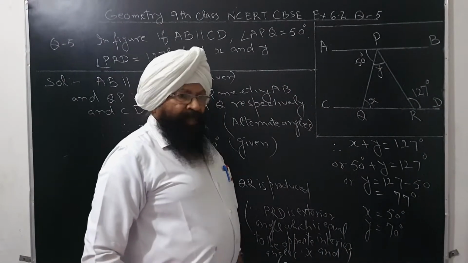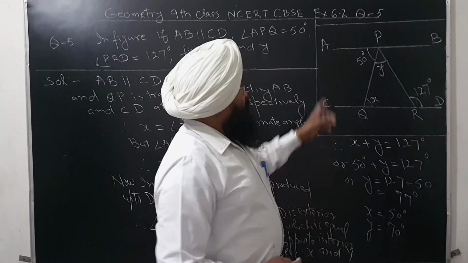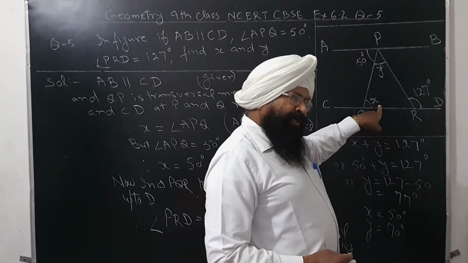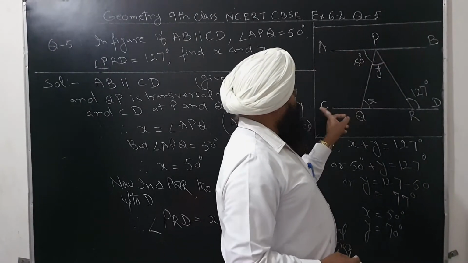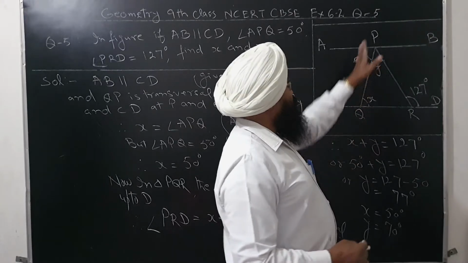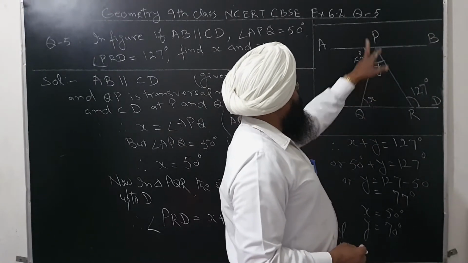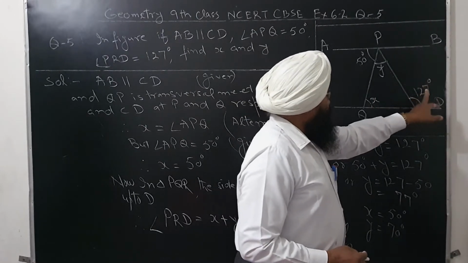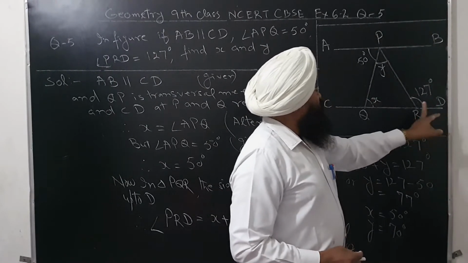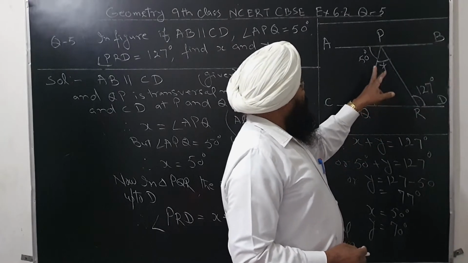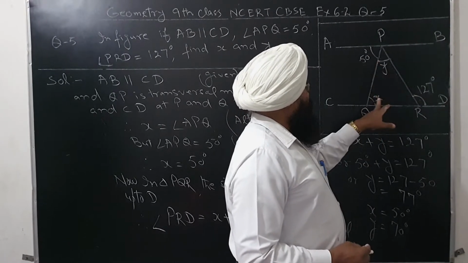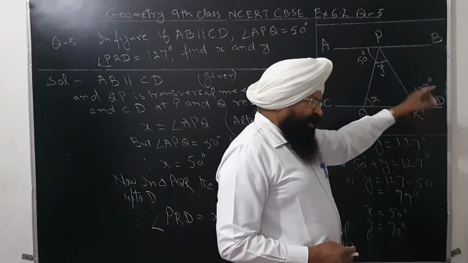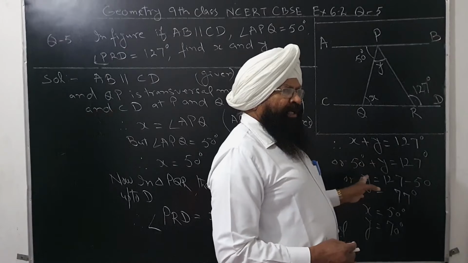Once again, I am just stating it. Because this angle and this angle are alternate angles and these are equal, because AB and CD are two parallel lines which are traversed by QP. So this angle X is 50 degree, and now this angle PRD, 127 degree, is equal to the sum of interior opposite angles, that is X plus Y. Means to say X plus Y is equal to 127 degree and the value of X is 50 degree.